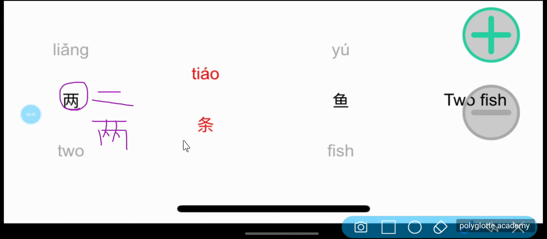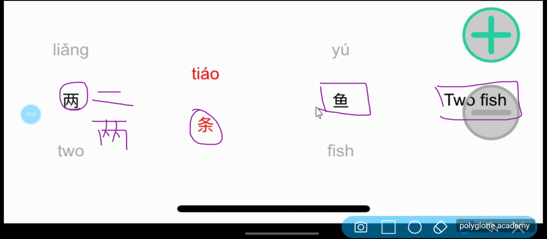So 两条鱼: 条 is a measure word for animals with long figures. So 两条鱼 is two fish. We have seen how to write this character 鱼, which is fish.